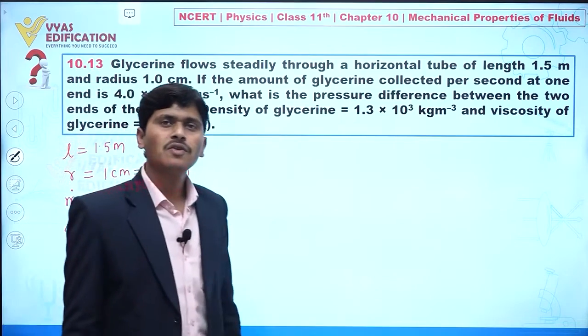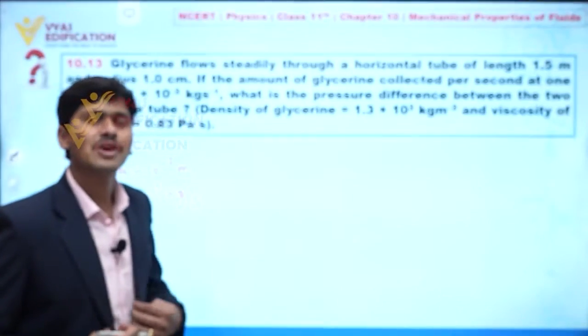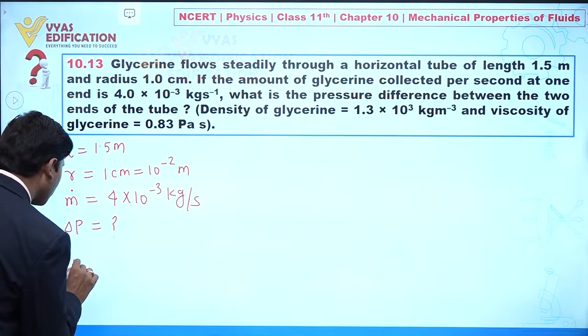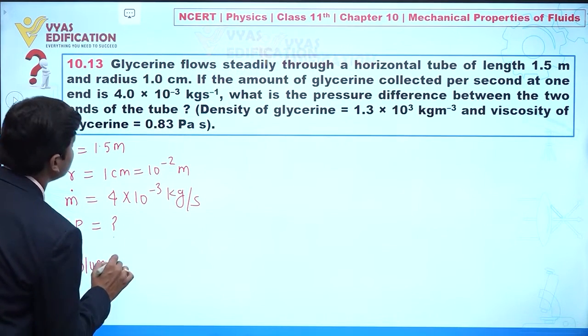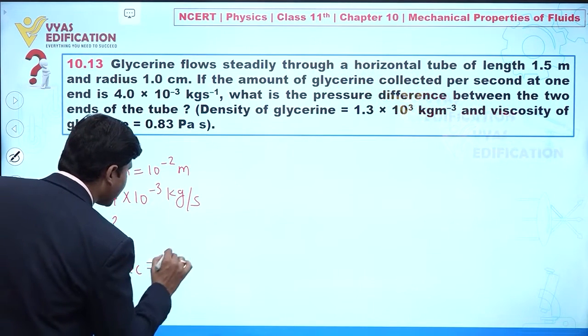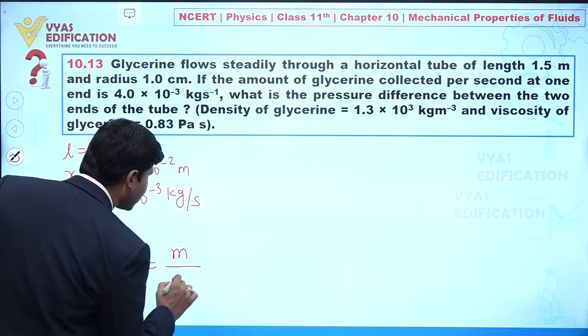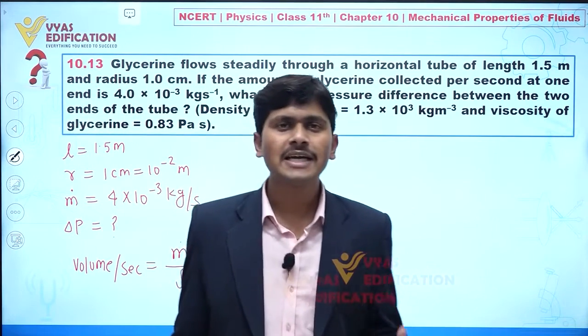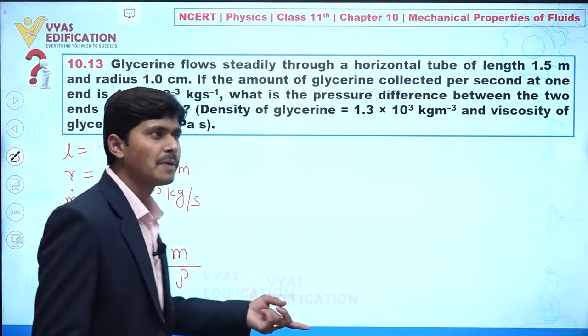Clear? So first of all, can we calculate the volume flow rate? Yes. So how can we calculate it? The volume of glycerin flowing per second is given by the mass flow rate divided by density. Clear? Because we know volume can be written as mass per density.